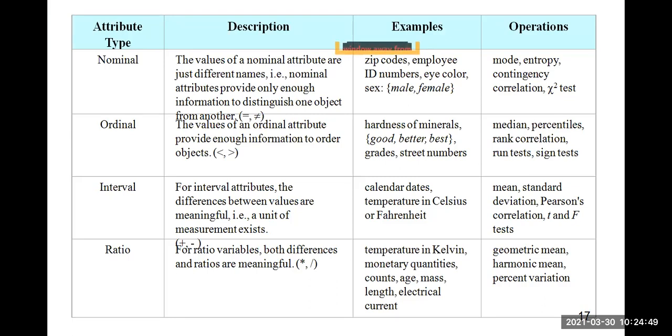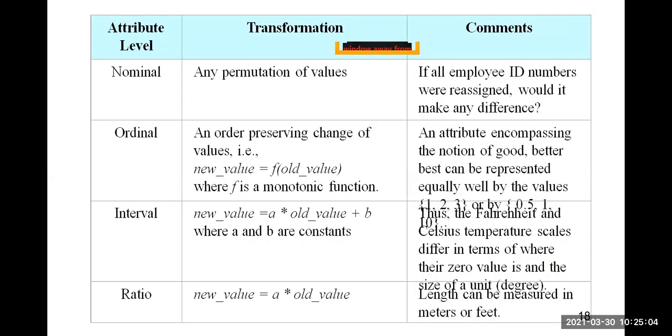This is again a very, very important slide for our understanding. This particular point we have explained in the class, but this type of separation is not done. So this slide will be very important for you to understand the different types of attribute values. Here you can see the levels, how data is being transformed, and the detail of your different types of attributes. There is some mess up here.